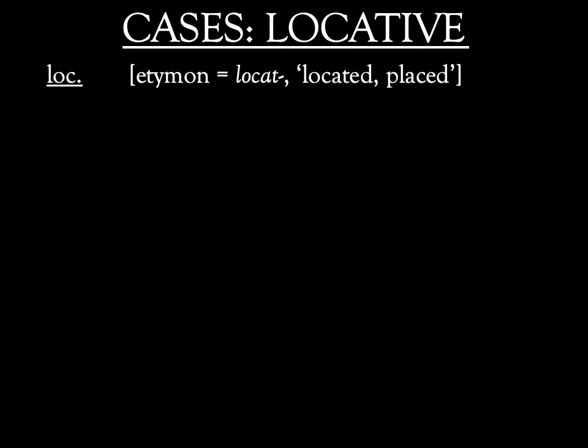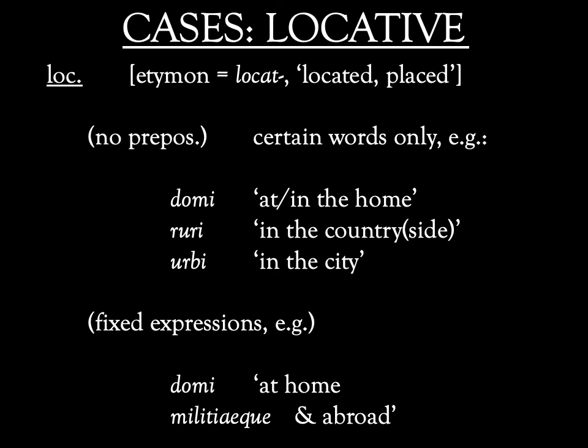Finally, among the cases describing place or direction is the locative. Etymologically, of course, it means located or placed. One of the 8 cases in prehistoric Proto-Indo-European, in Latin the locative is vestigial, that is, it appears only in traces and is not productive, such that no new uses of the locative could be generated in the classical language.